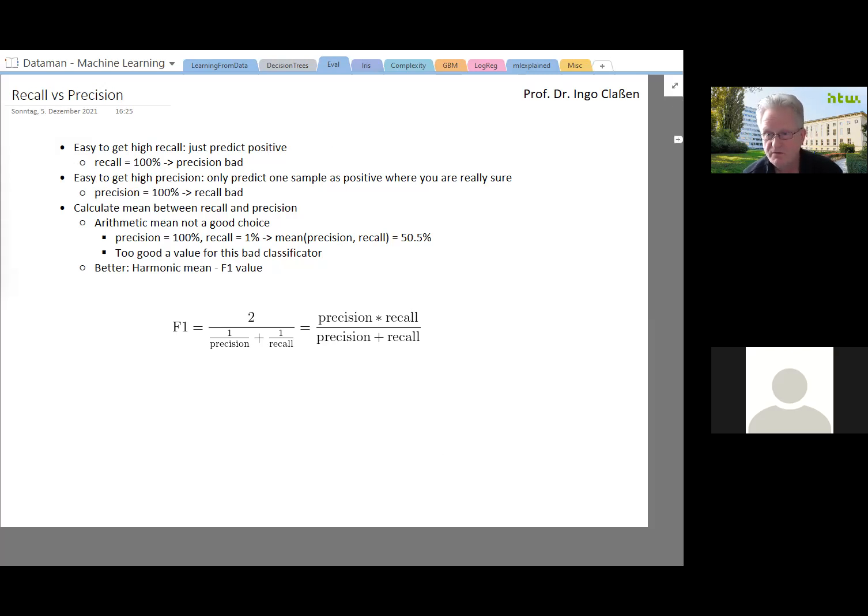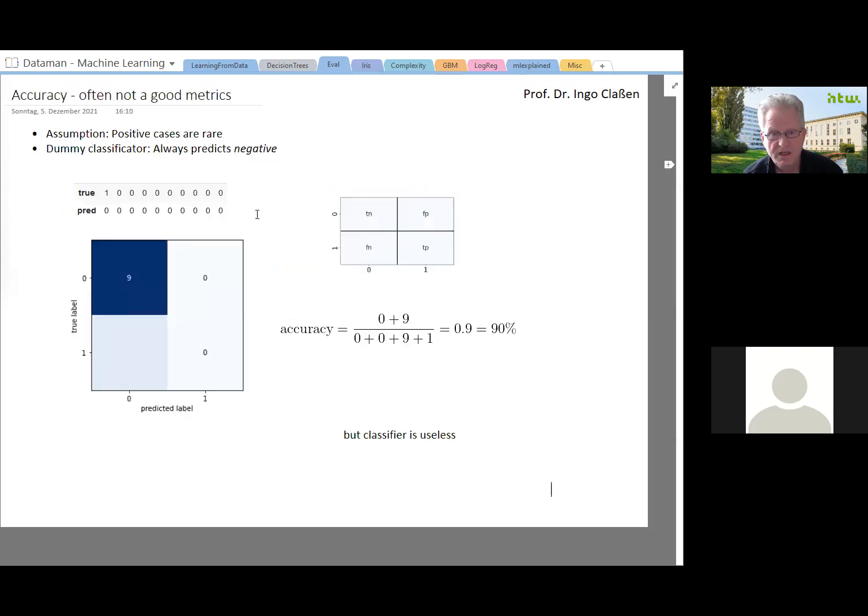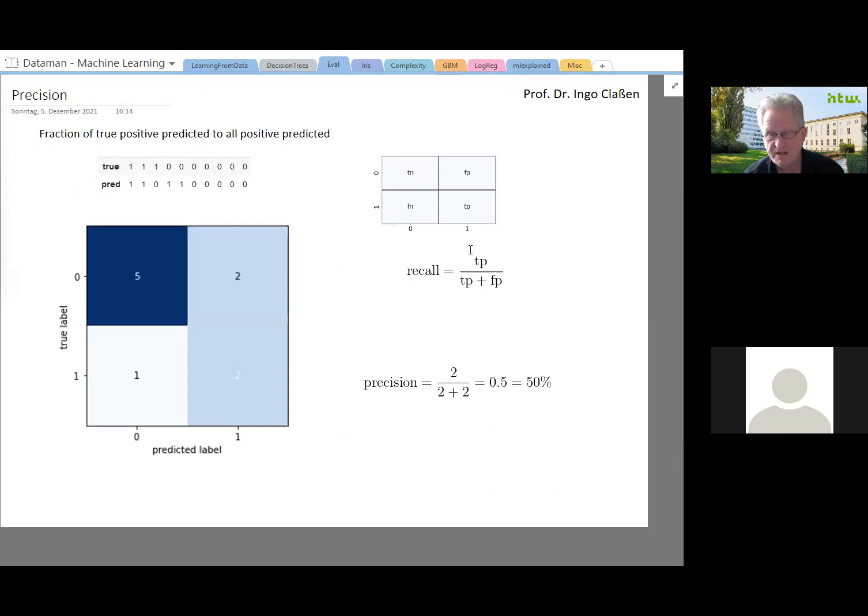So if we take our example here and predict everyone as 1, then we would have only 1 true positive and many false positives predicted, and therefore our precision would be 1 by 10.